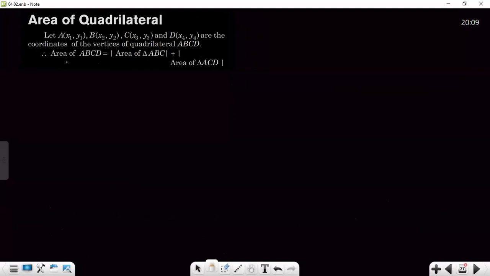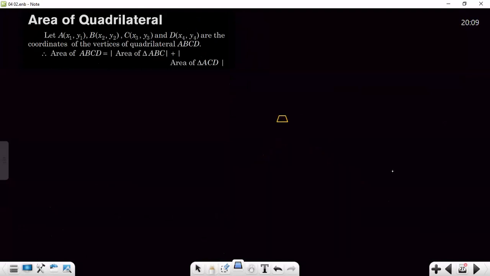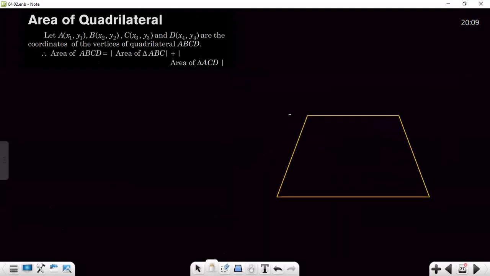Area of quadrilateral. So basically, to find out the area of a quadrilateral, we know the coordinates of the 4 vertices will be given.